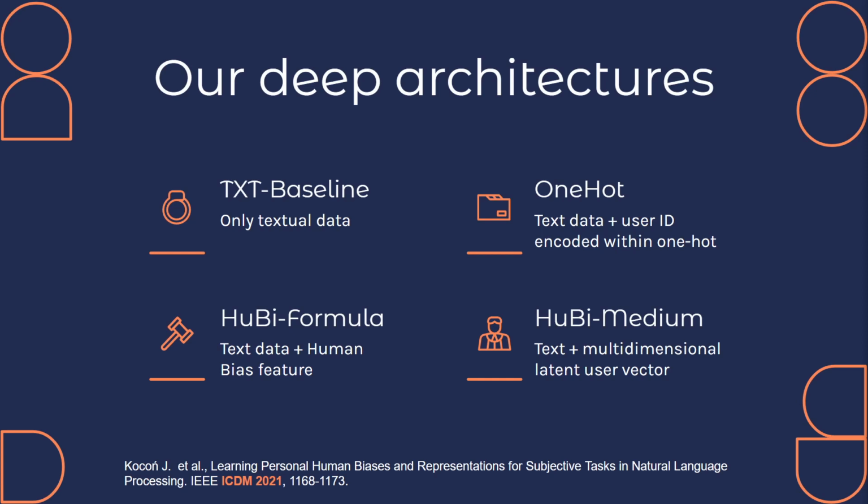The second one concatenated text embedding with a one-hot vector containing the user identifier. The third one was using concatenated text representation with z-score from the user's answers. And the last one, the most complex one that we tested, was using both text embedding and embedding of the human being.